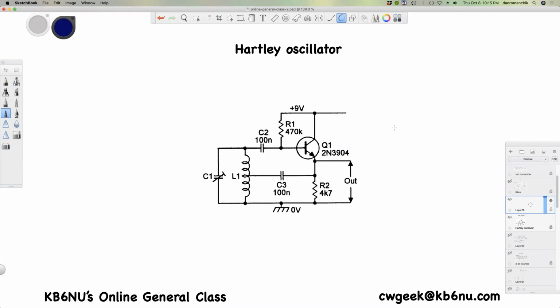The question is, which of the following are basic components of a sine wave oscillator? Answer: a filter and an amplifier operating in a feedback loop. So that's what we have here. This transistor is basically an amplifier, but we're feeding back a portion of the output through this capacitor into this circuit here, which is called the tank circuit.